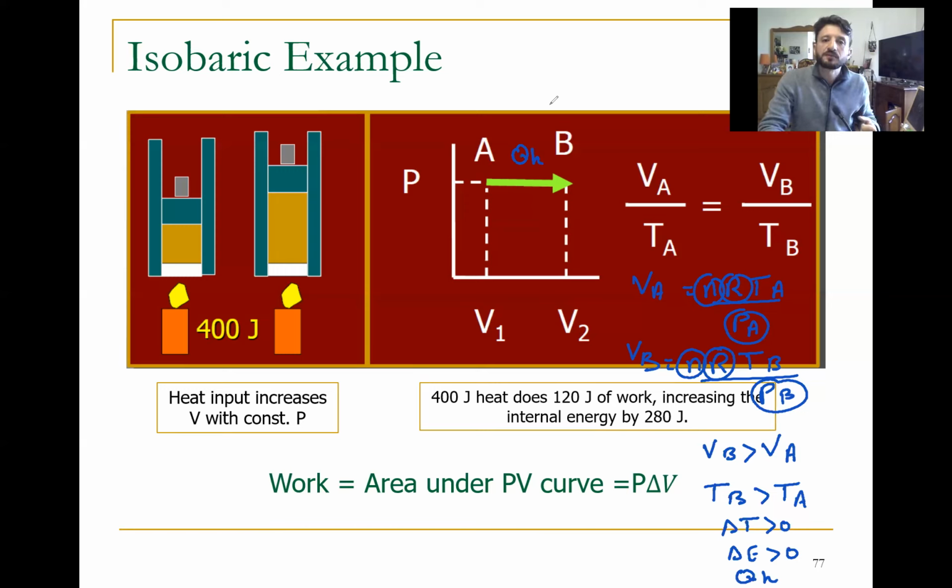We come back. If we have A and B, initial state and final state, if I increase the volume, in general P must decrease. If we increase the volume, P and T decrease. To keep P constant, we have to give heat.